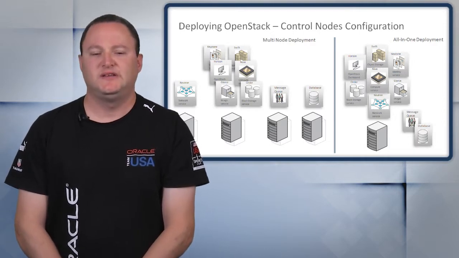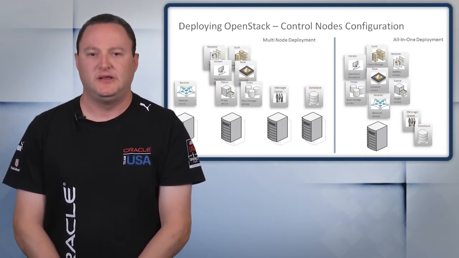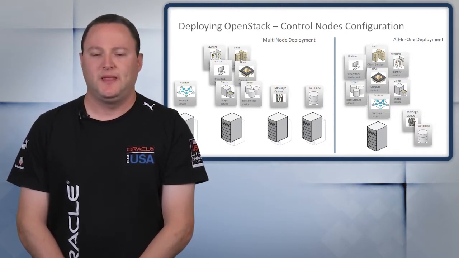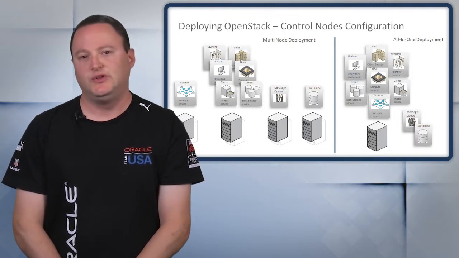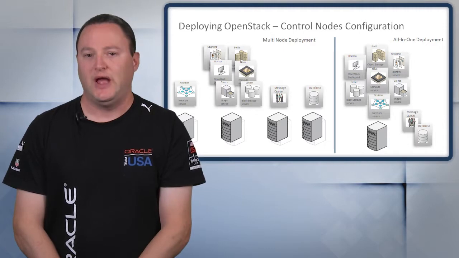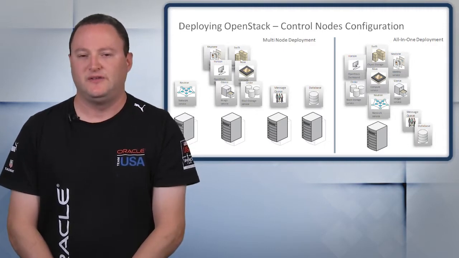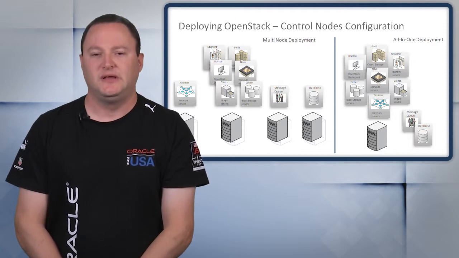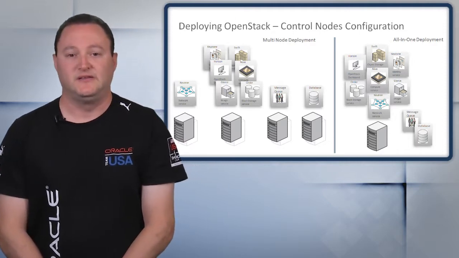The other common thing to do is to take the OpenStack Neutron and put it on a different server. And the reason for that is to ensure that we don't have any kind of bottlenecks for the network traffic. All the network traffic is using the network node, and so it's going to be a fairly busy service.